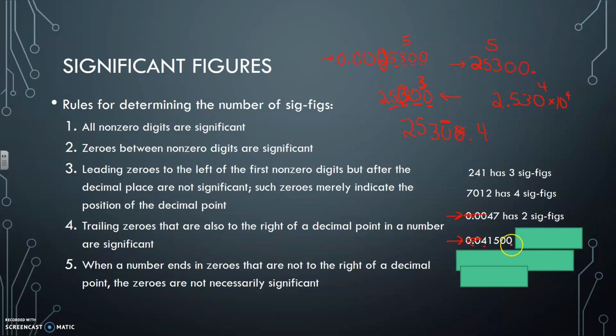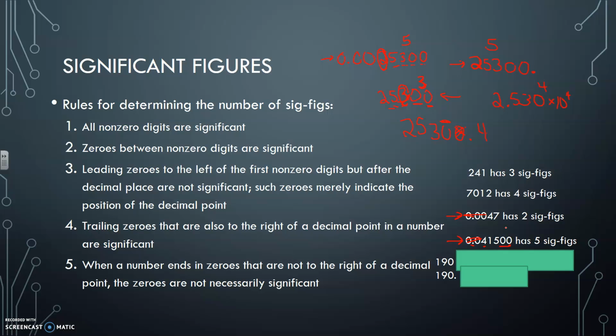What about these? Are these significant? They are, okay, because they come after the first non-zero number, right? Again, you start counting from the left side of this number. Start counting when you hit the first non-zero number, and then count everything after it. So this one has 5 sig figs.